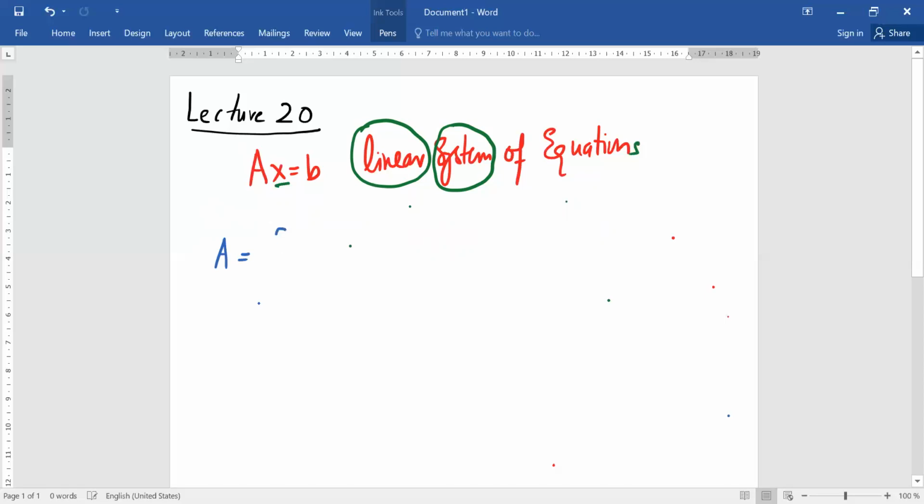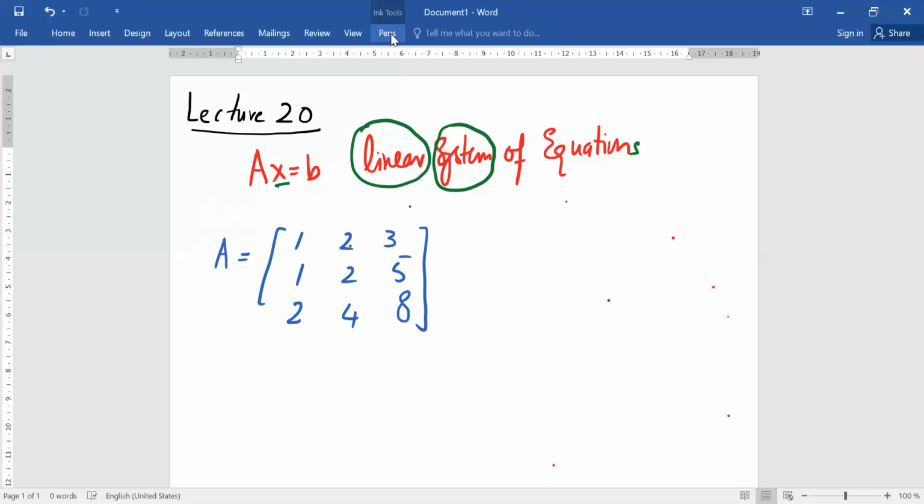Here is this A, and A is this: 1, 2, 3. Next row is 1, 2, 5. Then 2, 4, 8. You see why I do it? Because 1 plus 1 is 2, 2 plus 2 is 4, and then 3 plus 5 is 8. So now you can see why I put this 2, 4, 8 as the last row.